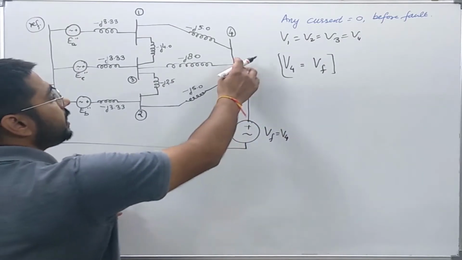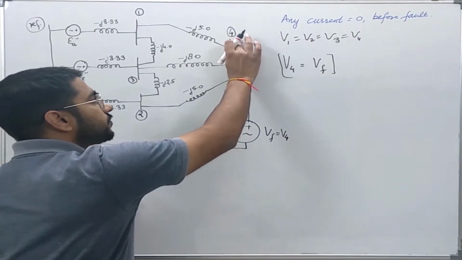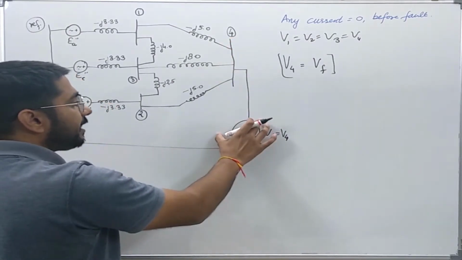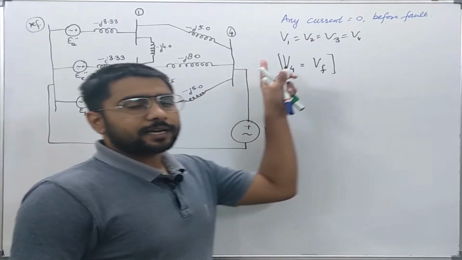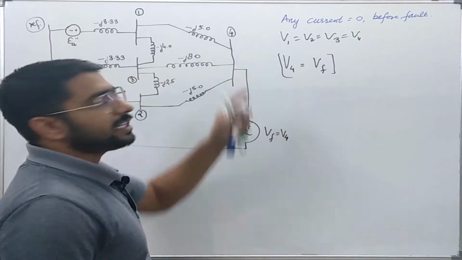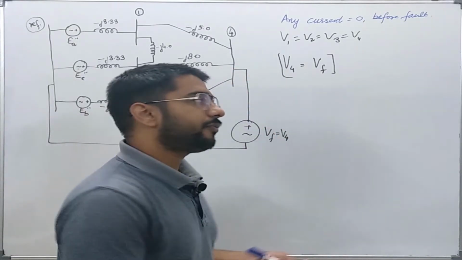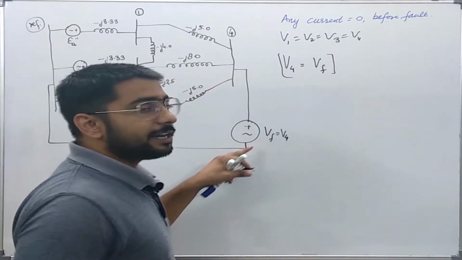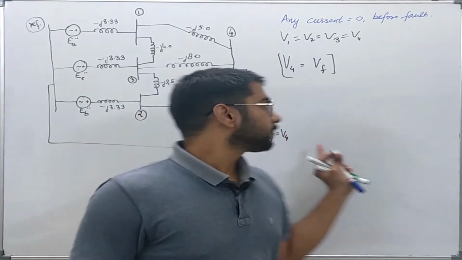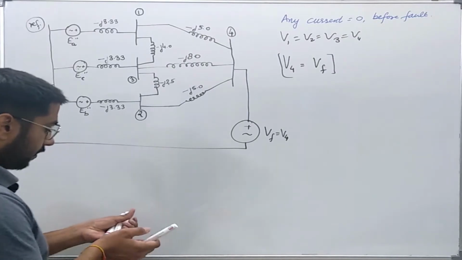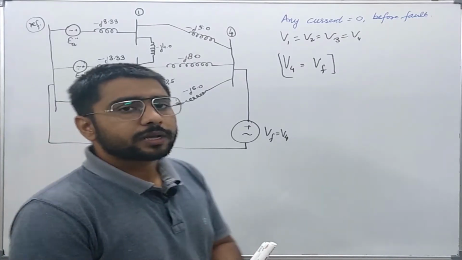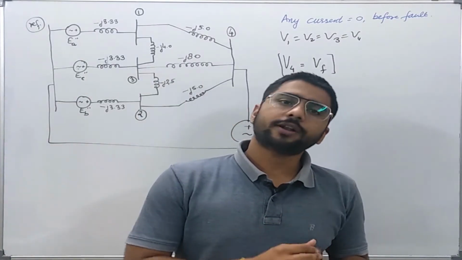Why? Because the voltage at bus 4 is already V4. Even if I connect a voltage source equal to V4, there is no potential difference between the source and the bus, so there will be no current flowing into the system.